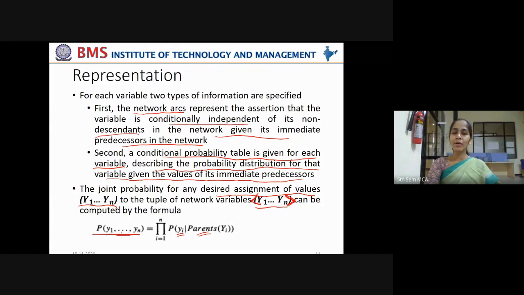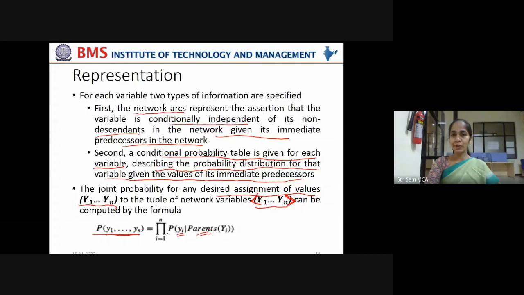So the probability of y1, y2 and so on up to yn, the desired assignment of values, can be obtained as a product. Do not get confused with sigma. We are talking about the product rule only, because we are working with conditionally independent variables. When we talk about conditionally independent variables, you have to use the product rule.